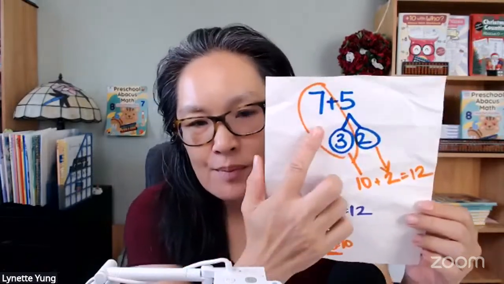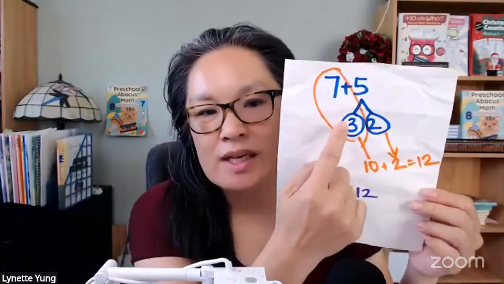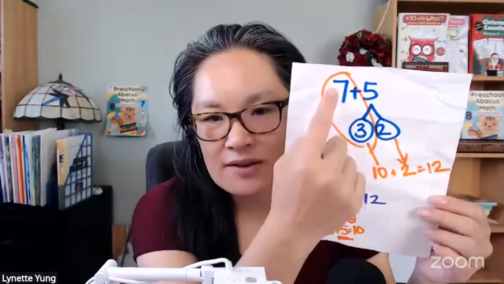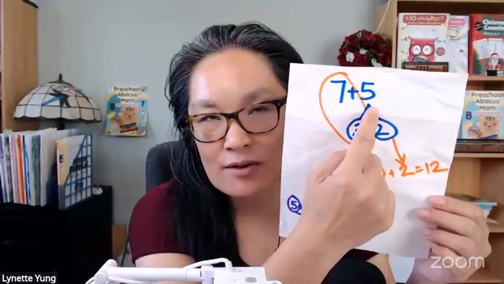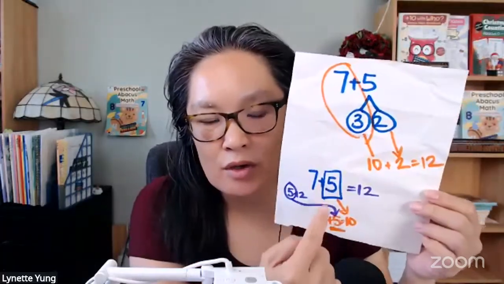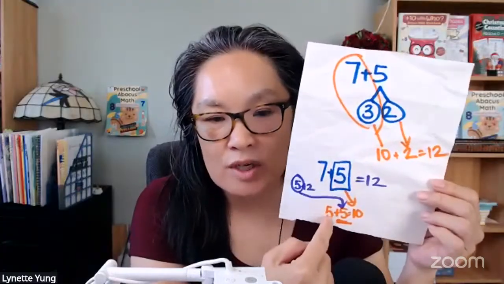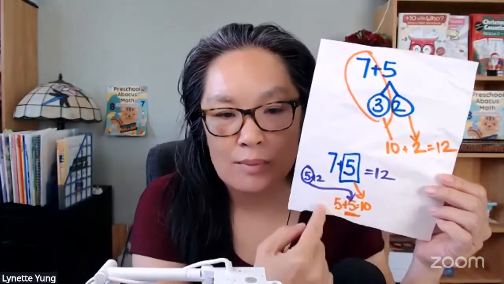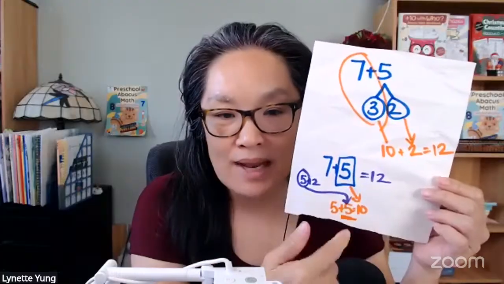But I have to remember they got here because we were memorizing that 7 plus 5 is equal to 12. I have to remember that nobody knows it this way, whereas we know the complements of 10. We understand how to make a 10.